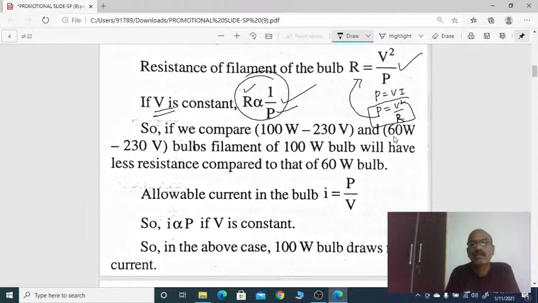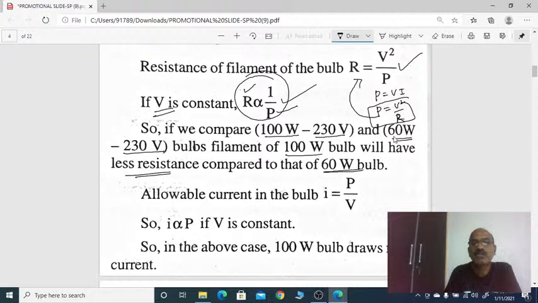See here, you are given a 100 watt, 230 volt bulb. Another bulb is 60 watt, 230 volt. Now the 100 watt bulb will have less resistance compared to the 60 watt bulb. We know the relation: resistance is inversely proportional to power.